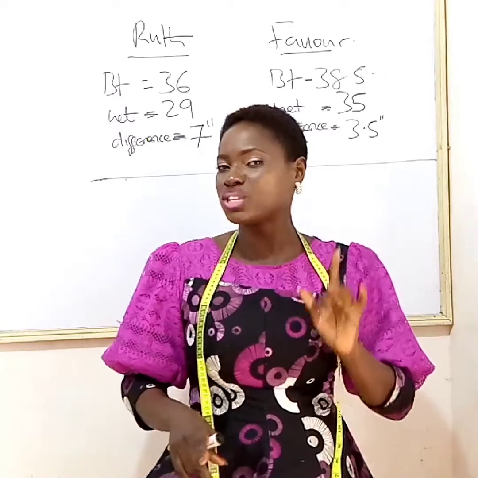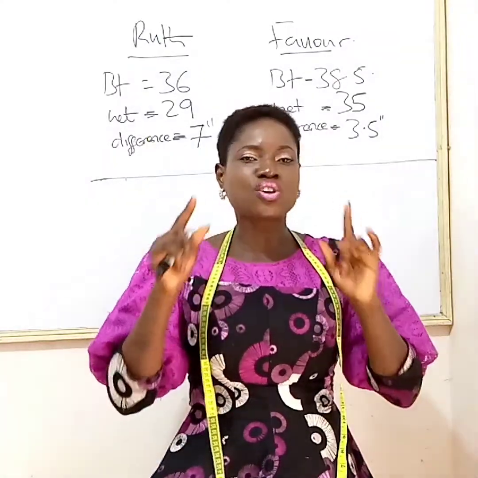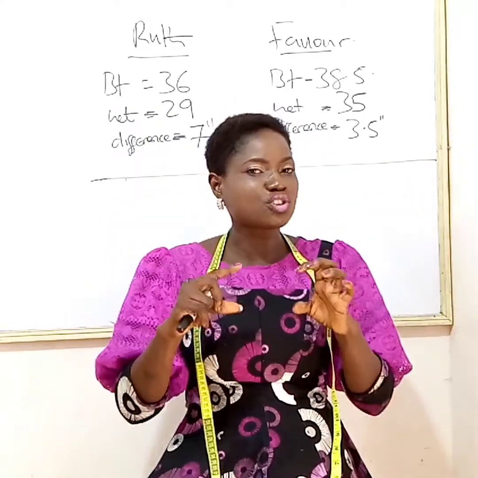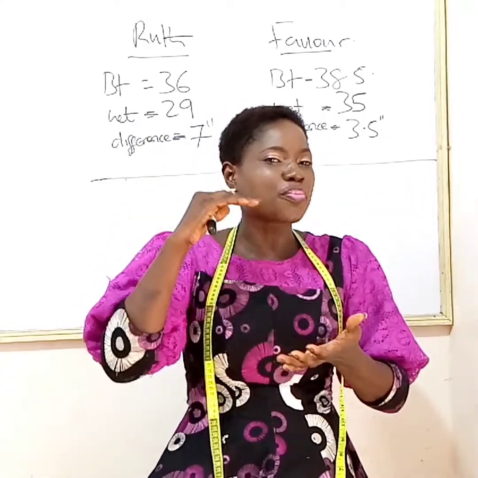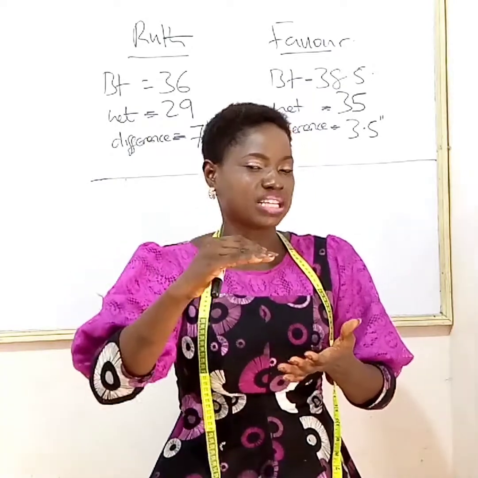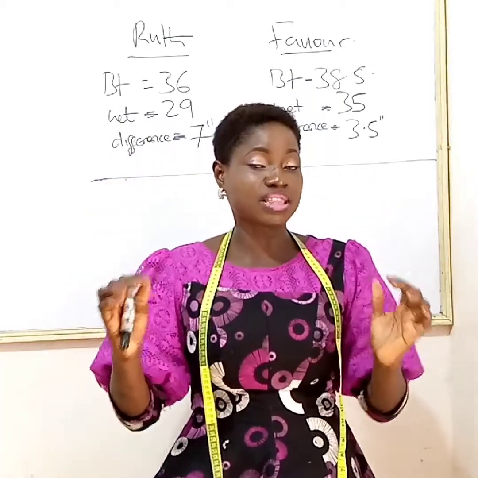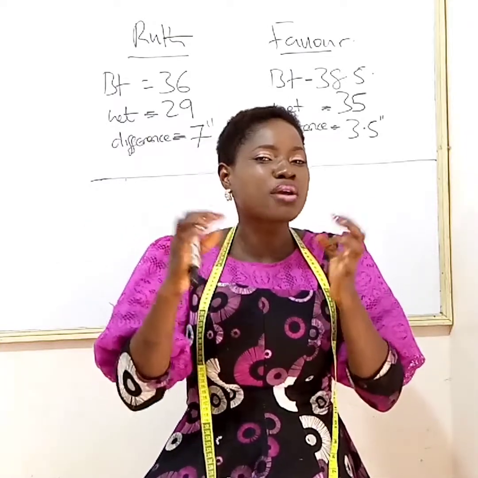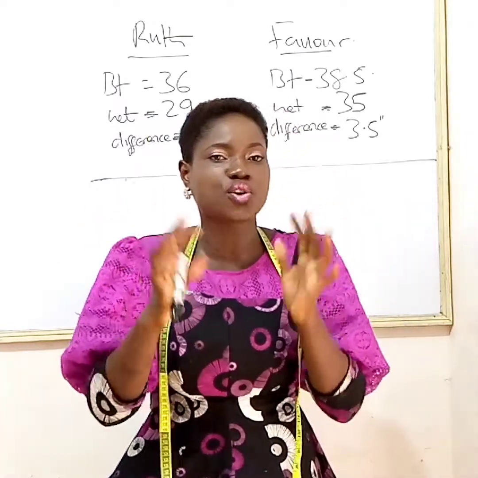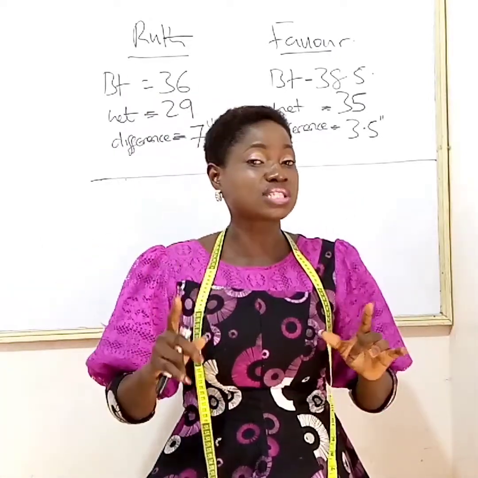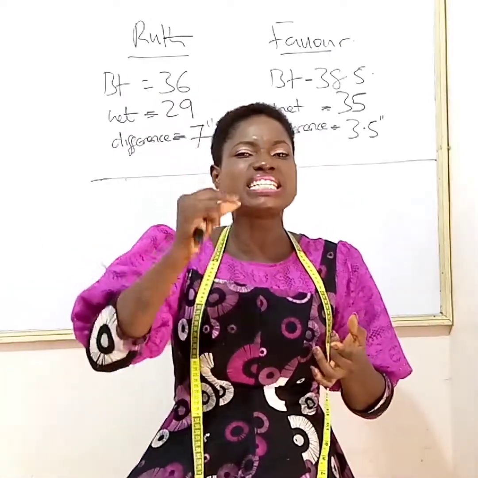The first thing you need to understand is we cannot just look at the bust measurement alone or the hip measurement alone without comparing it with the waist measurement. It is when we compare the bust with the waist or the hip with the waist that we are able to understand the fullness of the bust or the fullness of the hip measurement. What I'm trying to say in essence is it is not in the value.